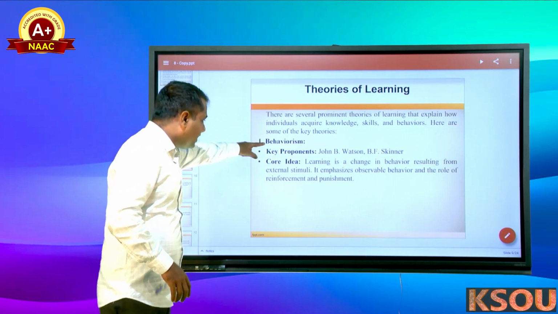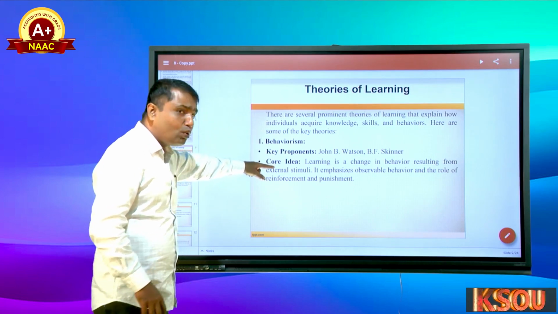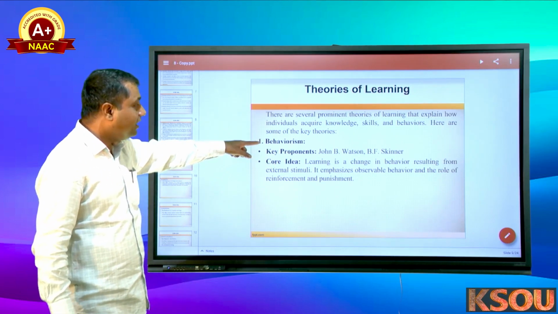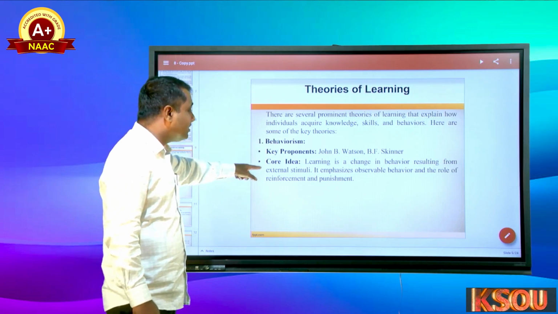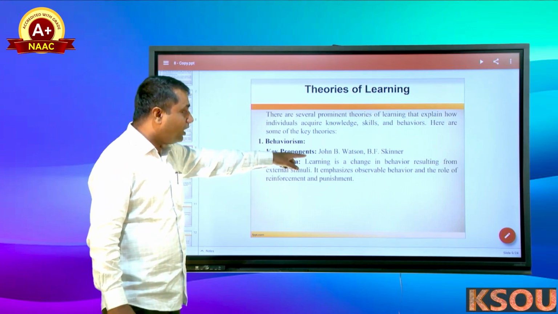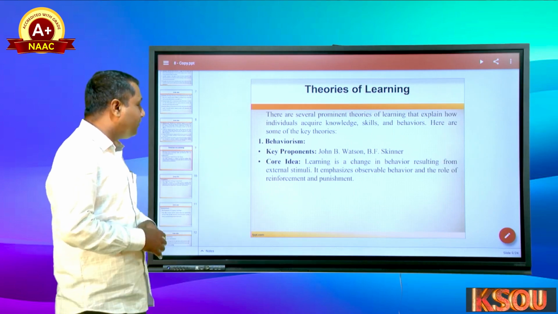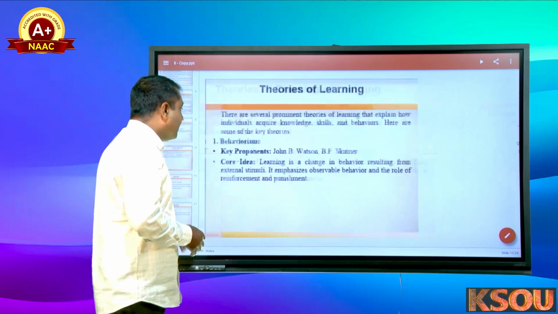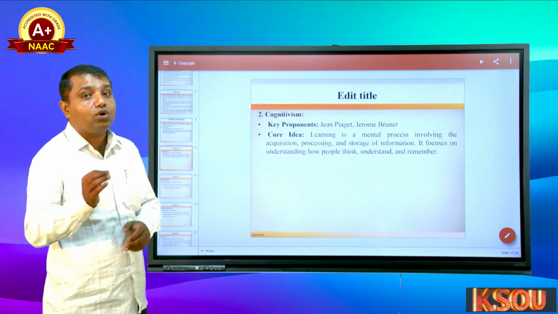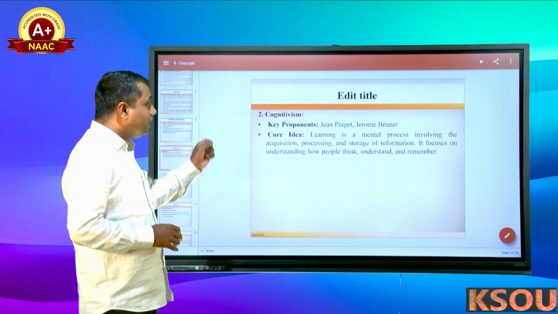The first theory is behaviorism. What is the core idea of behaviorism? Learning is a change in behavior resulting from external stimuli. It emphasizes observable behavior and the role of reinforcement and punishment. The second theory is cognitivism.